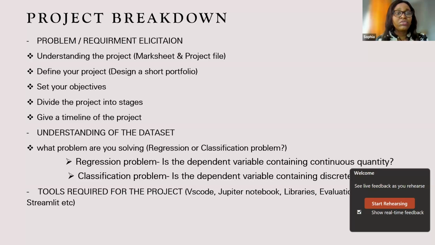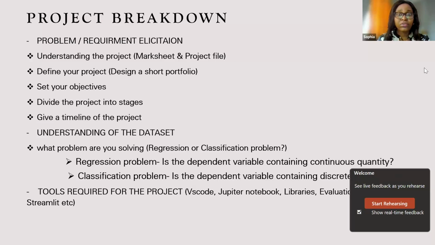And then you also need to understand the data set. It is really very important. You go through the data sets you've been given. That way you'll be able to understand what problem you're solving, whether it's going to be a regression or a classification problem.